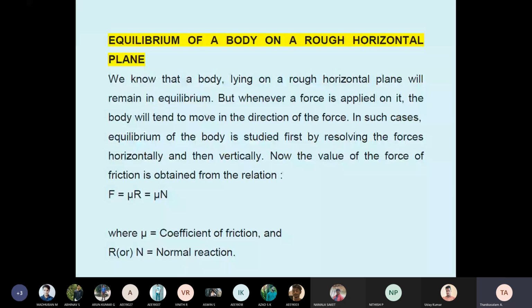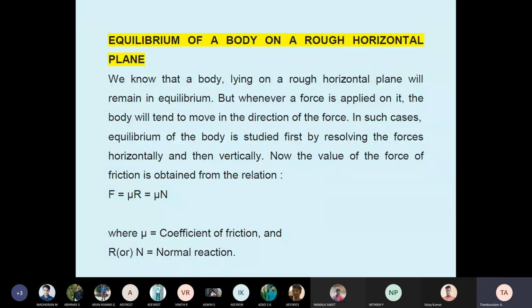Students, whenever you say friction, your first formula is F equal to mu R. F means friction, mu equal to coefficient of friction, R equal to normal reaction. We can write R or N, but in this book we follow R. So whenever you say friction, F equal to mu into R.